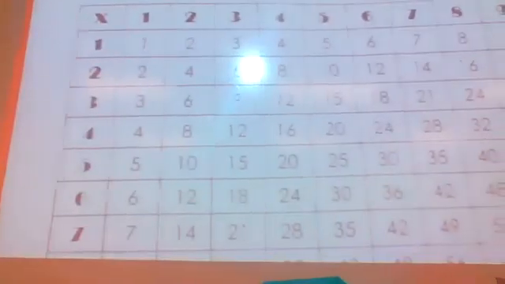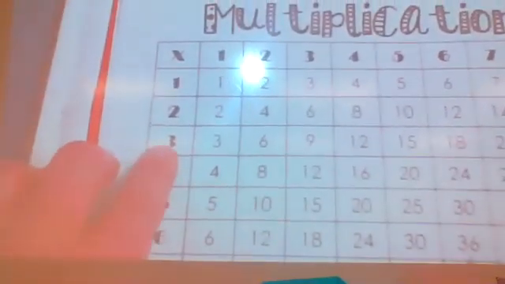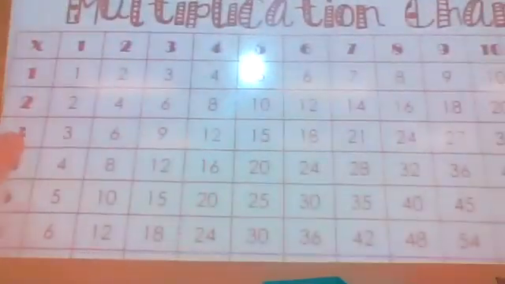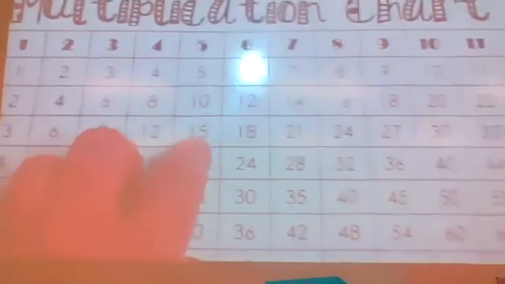So we want to know the most times 3 can go in 26 without going over 26. If you have your multiplication chart, a quick way to also look at this is 3 is what we want to know. So we look at our 3. This is our divisor. We want to know the most it can go into 26 without going over.